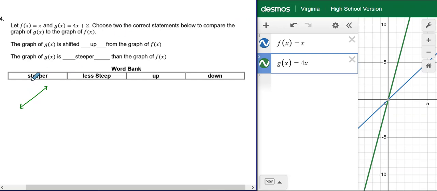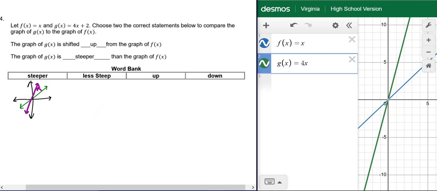So if I had the y-axis right here, a steeper function would go closer to the y-axis. Let me just draw a full one. Okay, so here's f of x. A steeper function would move closer to the y-axis like that. Okay, that would be steeper.